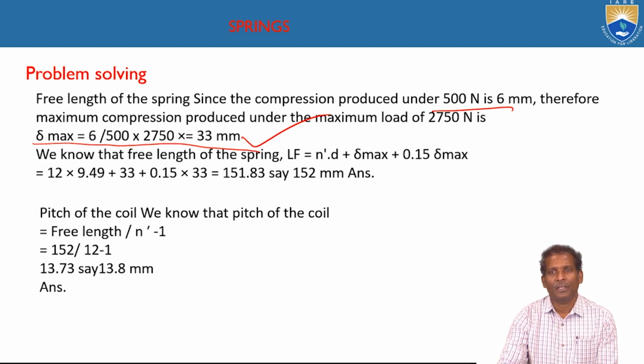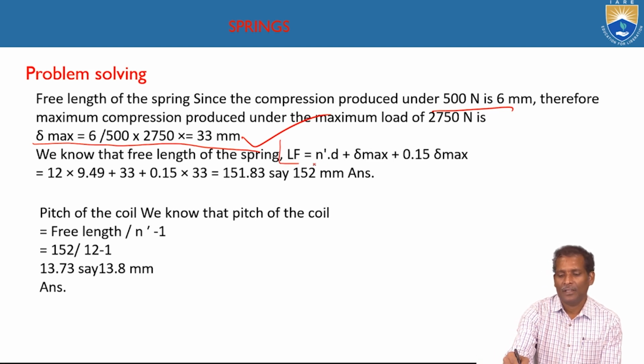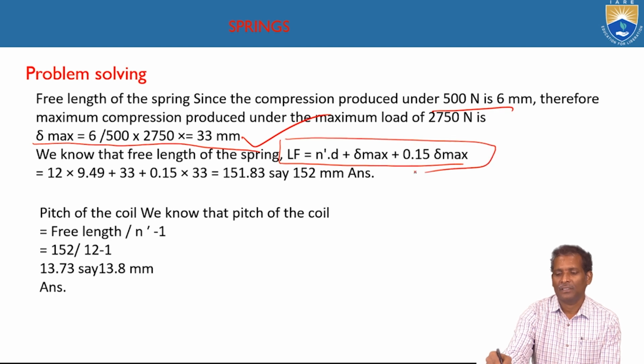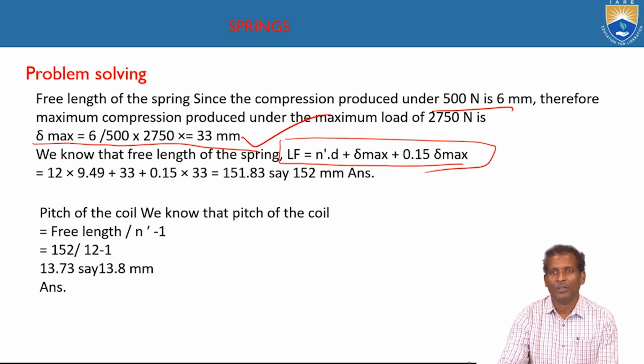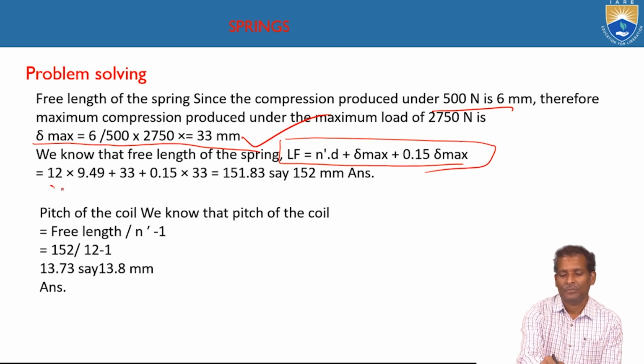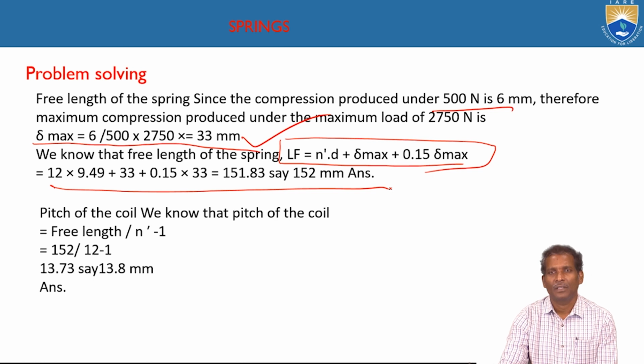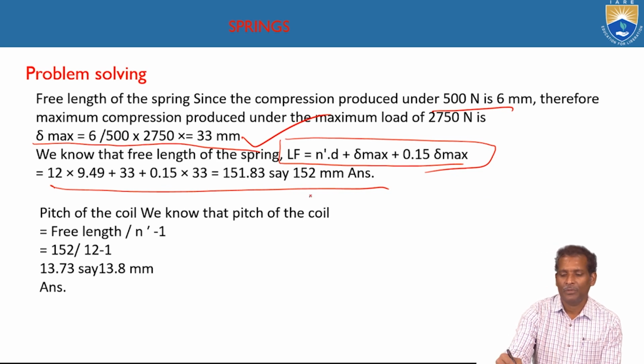We know that the free length of the spring LF is N dash into d plus delta max plus 0.15 delta max. Substituting those values in this equation, you will get 151.83. You can say 152 mm.